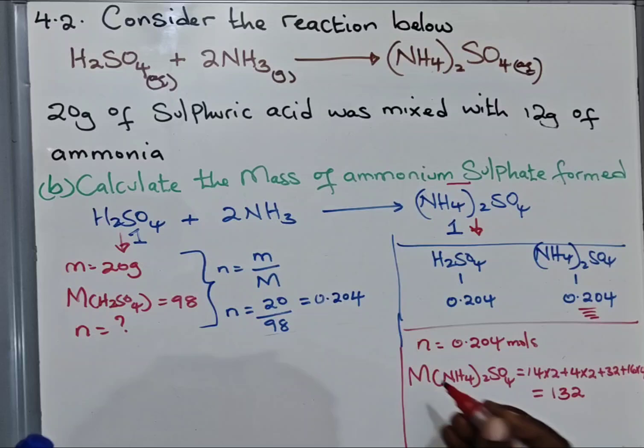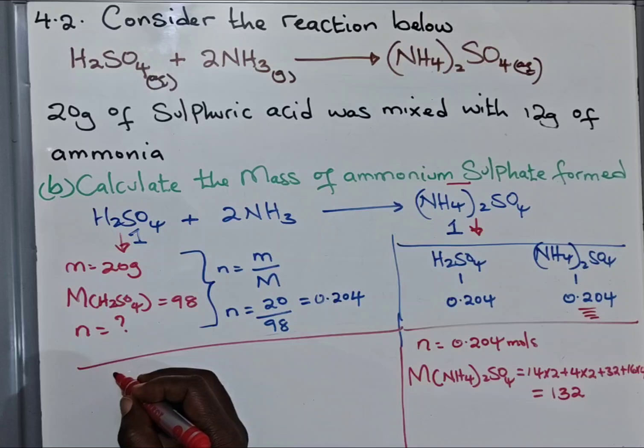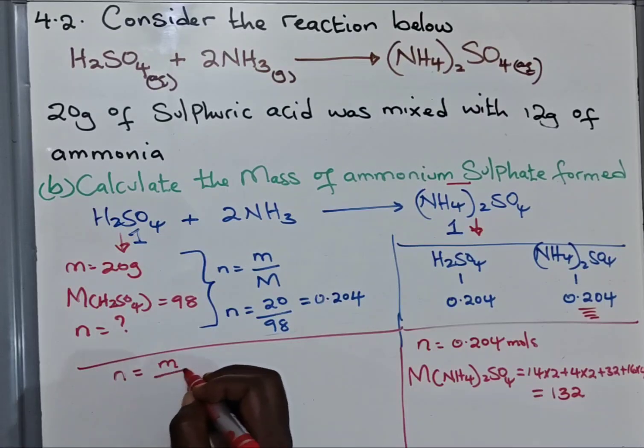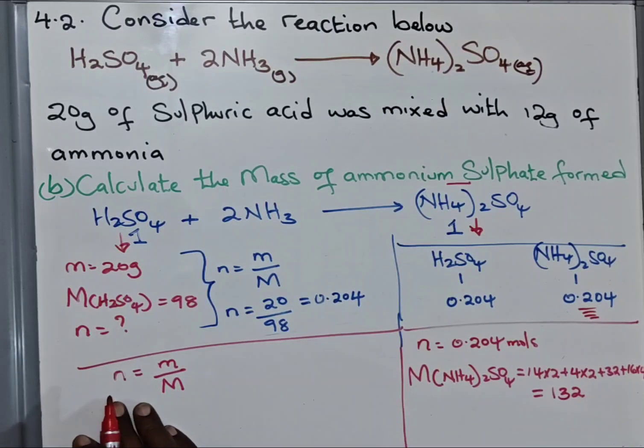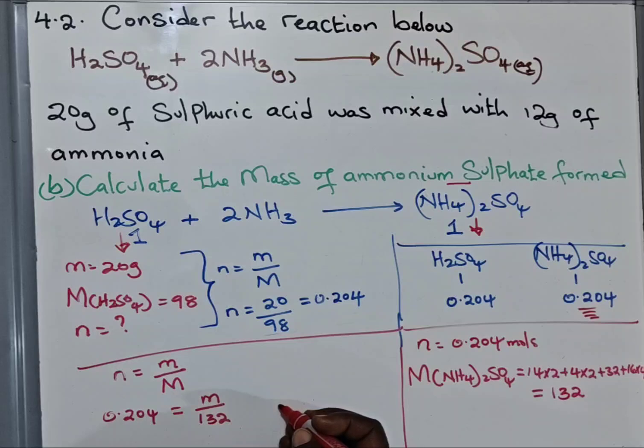So with this data, what is our next step? Our next step is to calculate the mass. Using what formula? You have to remember that the formula says that n is equal to m over molar mass. So when you substitute for n, which is 0.204, and you're looking for mass, but you have a molar mass as 132, so you can go ahead and calculate m.